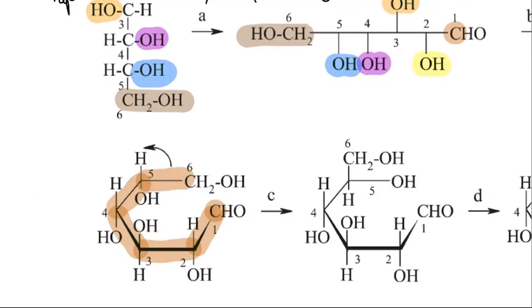From this arrangement to the next one, all we're doing is basically moving the CH2OH to point up. So if we look closely at what's happening between this structure and this structure, basically this group, you can follow the arrow, we're going to move it here.